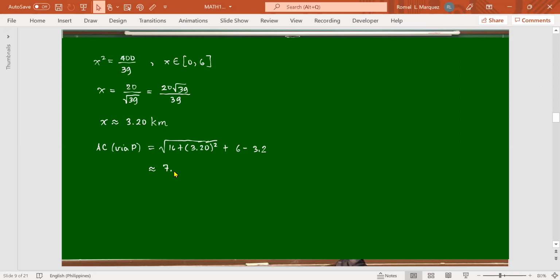Ito yung mas accurate na ito, 7.992. Kung hindi kayo nag round off dito, ganun di ba makukuha niyo? 16 plus 3.2 times 3.2 equals, take the square root plus 6 minus 3.2. O yan, 7.92. Okay guys, any question, children?